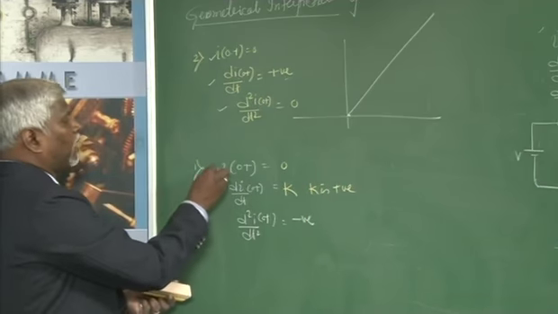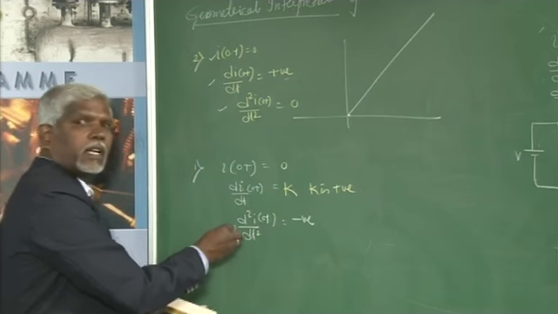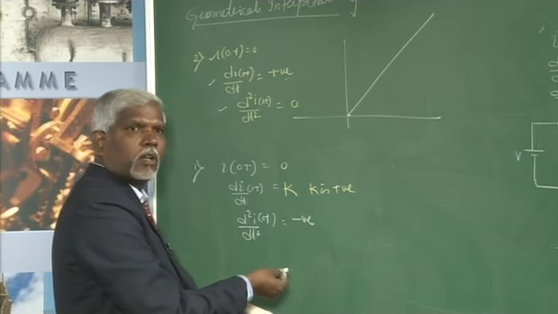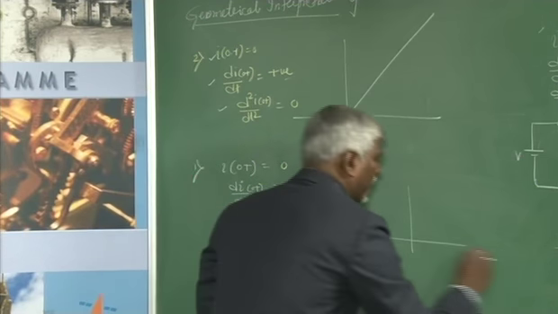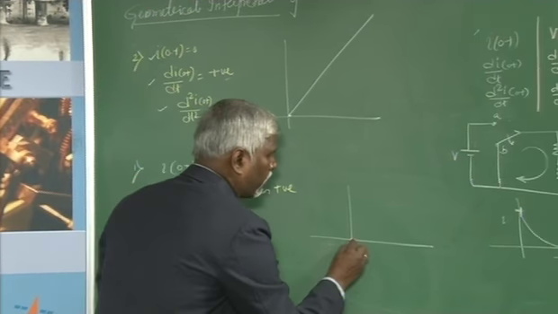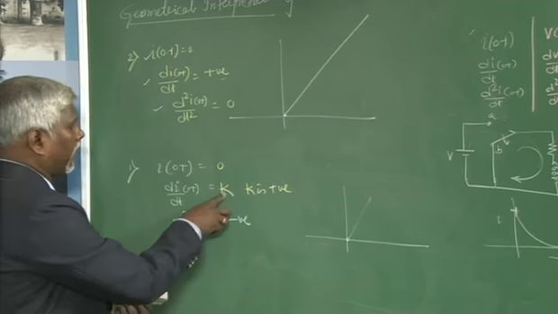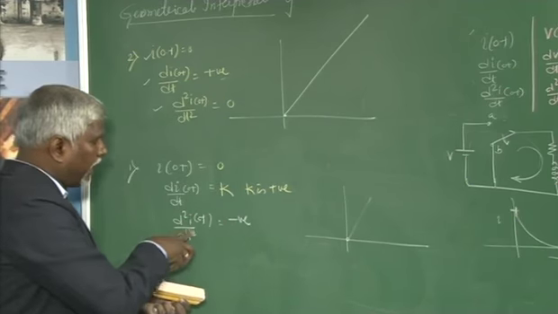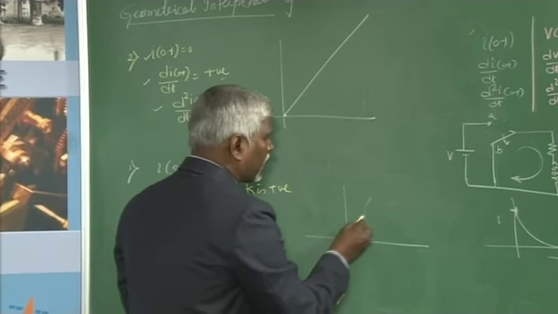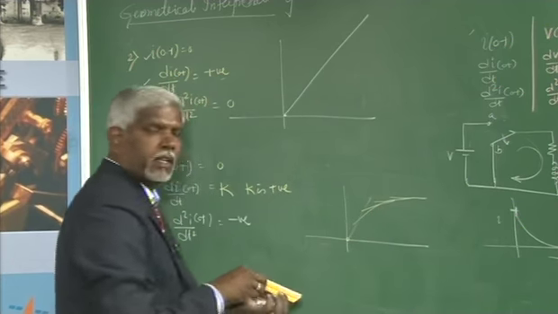This is what I am trying to tell you: if I understand the current at 0 plus, and the derivative and second derivative at 0 plus as constants, positive or negative values, I can anticipate the response. The response starts at 0, it has a positive slope, right. At t equal to 1, the rate of change of slope is negative, which indicates the slope is gradually changing. The response will be somewhat like this.